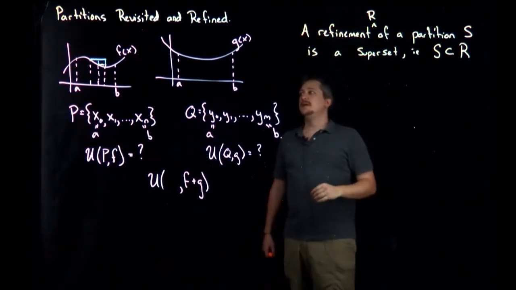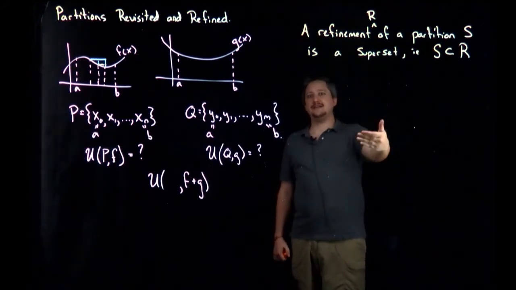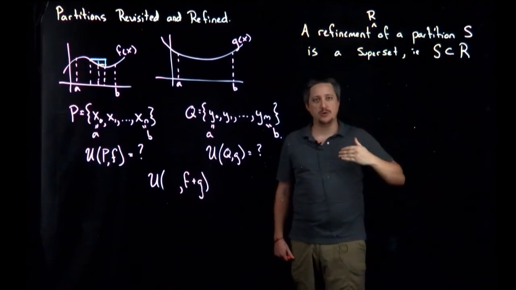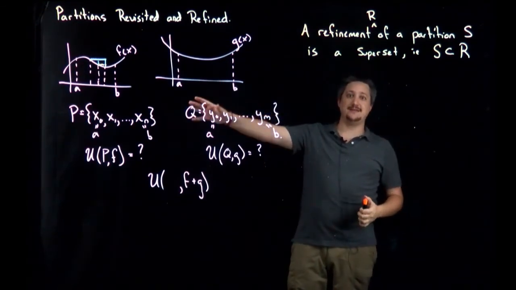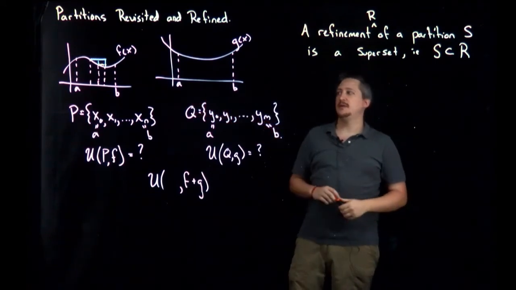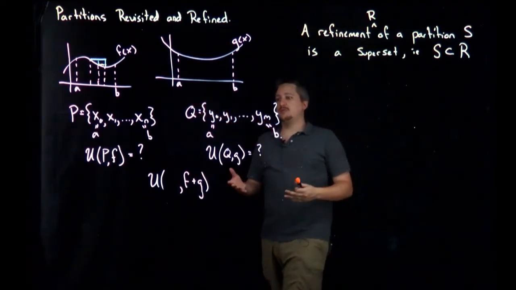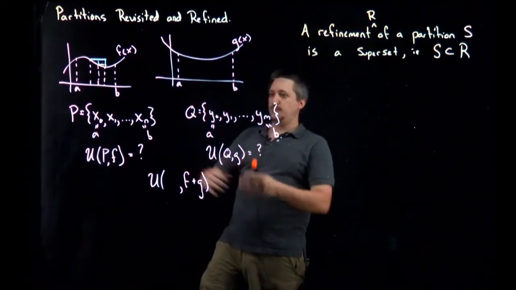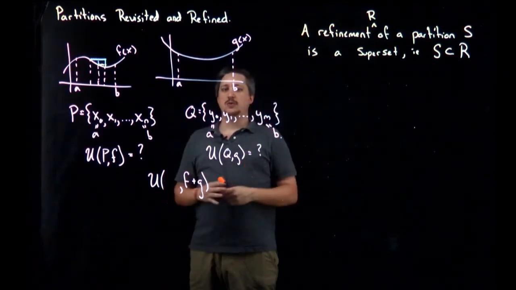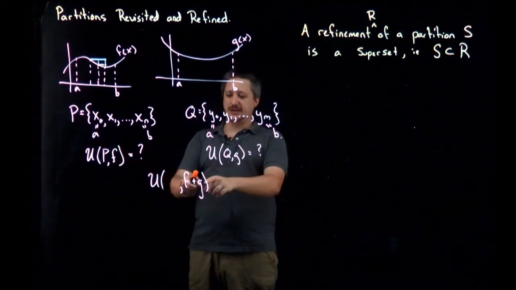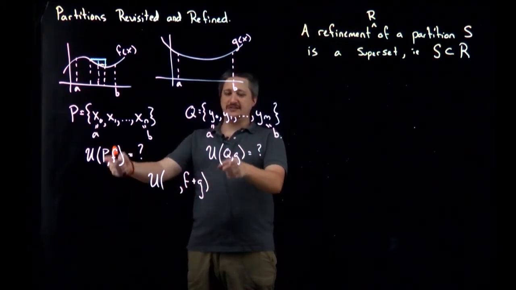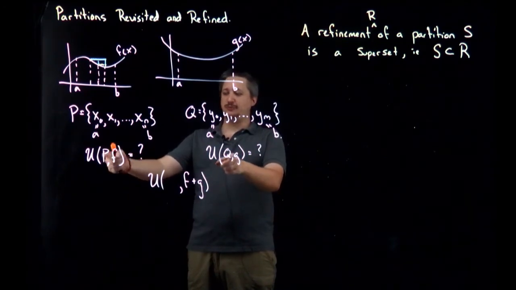And the more refined a set is, meaning the more we keep adding points to it, the better of an approximation we get, okay? So coming back to our idea here then, we want a set where we have information on G, information on F, so that I can use F and G, but I have these possibly distinct partitions that maybe have nothing to do with each other.